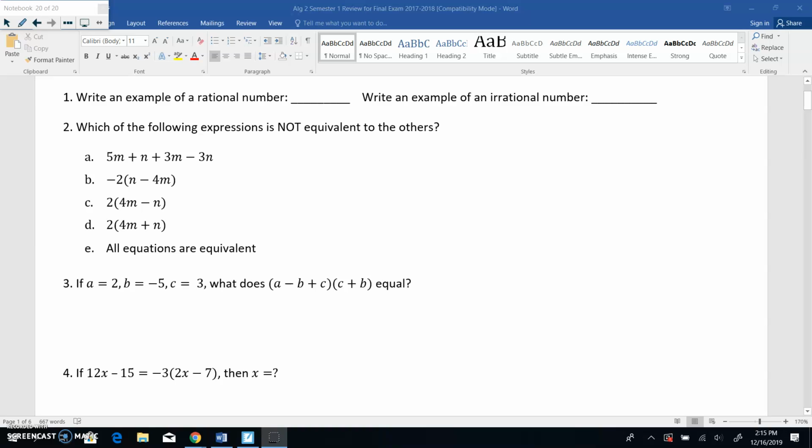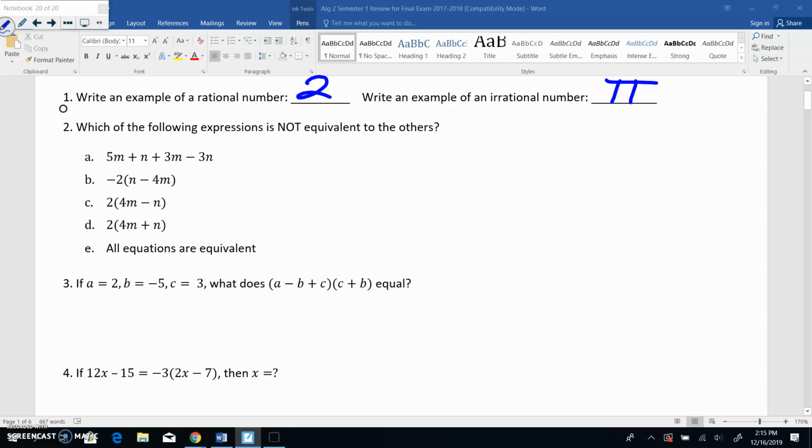So what you're looking for is either a whole number, a fraction, a decimal that ends, so something like 2.5 that clearly has an end, or a repeating decimal, so something like 0.33333 repeating, would all work, all right? So just for sake of example, I'll just write down a number 2. For irrational number, the most common irrational number we use is pi. That's our most common irrational.